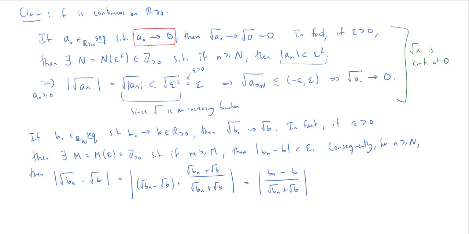Well, I know the absolute value of that is less than epsilon. So if I break this up as the quotient of the absolute values, and then on the bottom, I don't even have to worry about the absolute values anymore because everything is non-negative. And so on the top, I know that this distance is less than epsilon.